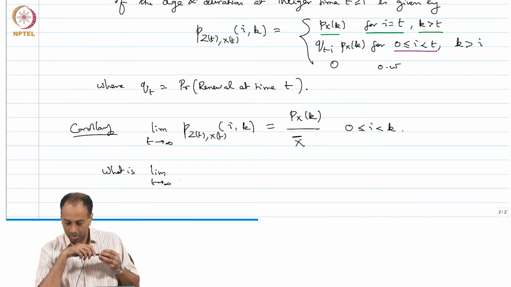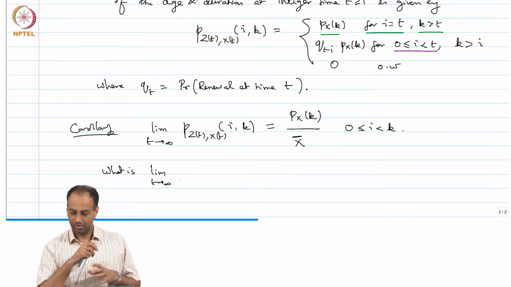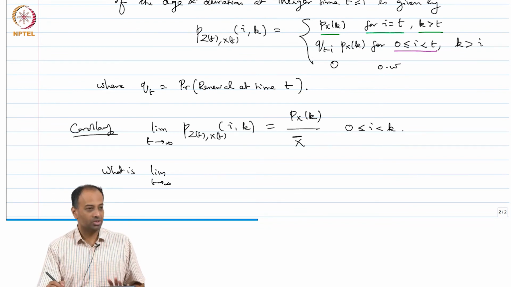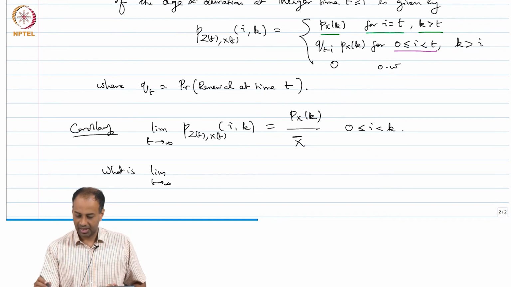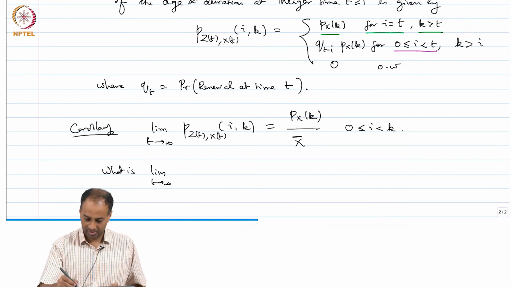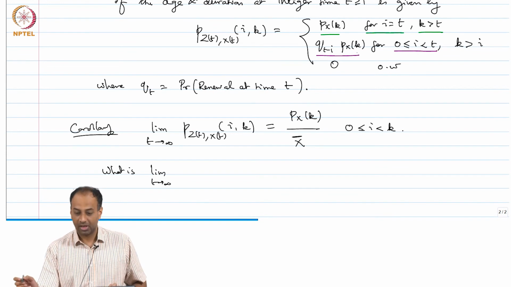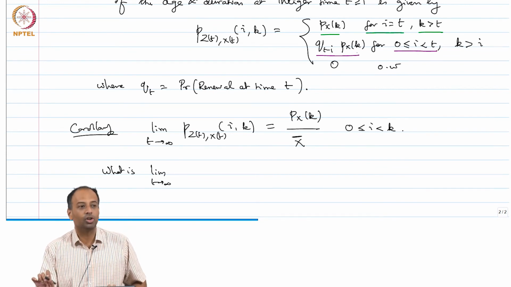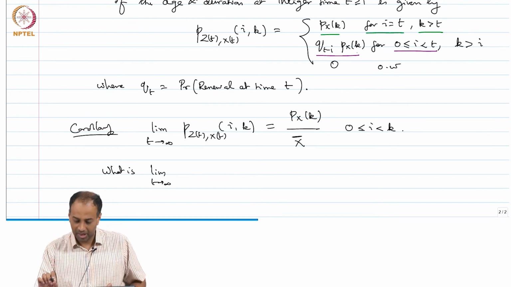So, when t tends to infinity, k also tends to infinity. I have two terms to deal with in the theorem. The first is the term in green, the second is the term in purple. I am saying that the green term will go to 0 as t tends to infinity and the purple term is the one that remains. What happens to the green term?